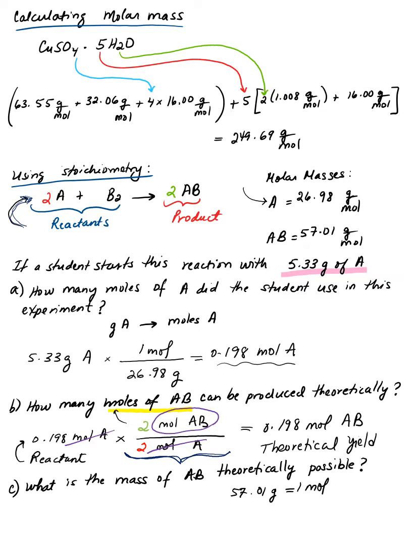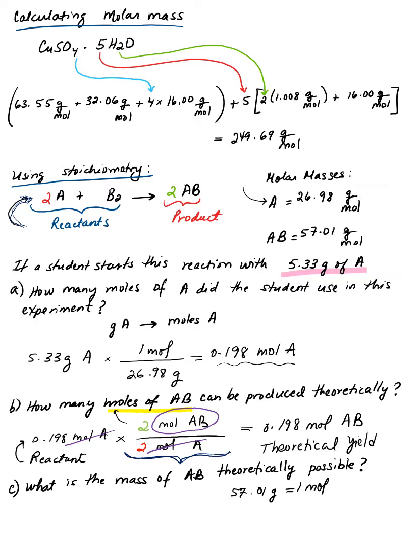So the next one is to find out the amount that you have in grams. When the problem is asking you what is the mass of AB, you're trying to calculate your theoretical yield, but now instead of having your theoretical yield in moles, which is what we calculated in B, you're converting moles to grams.